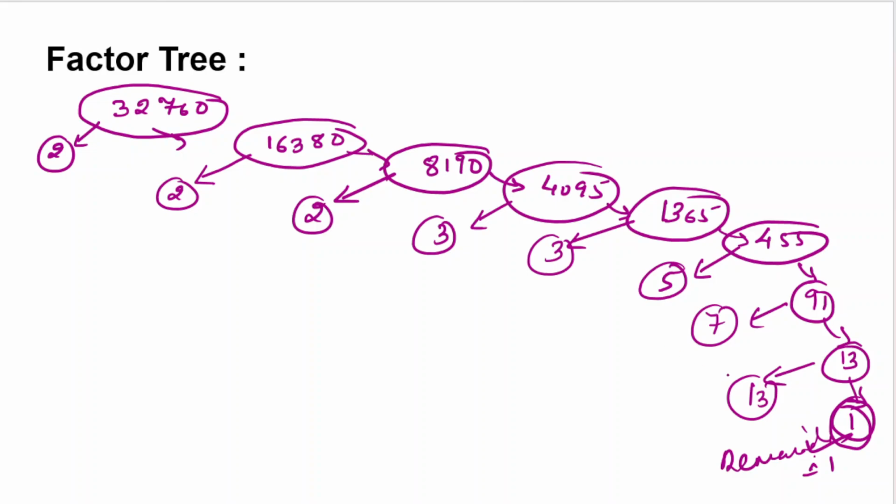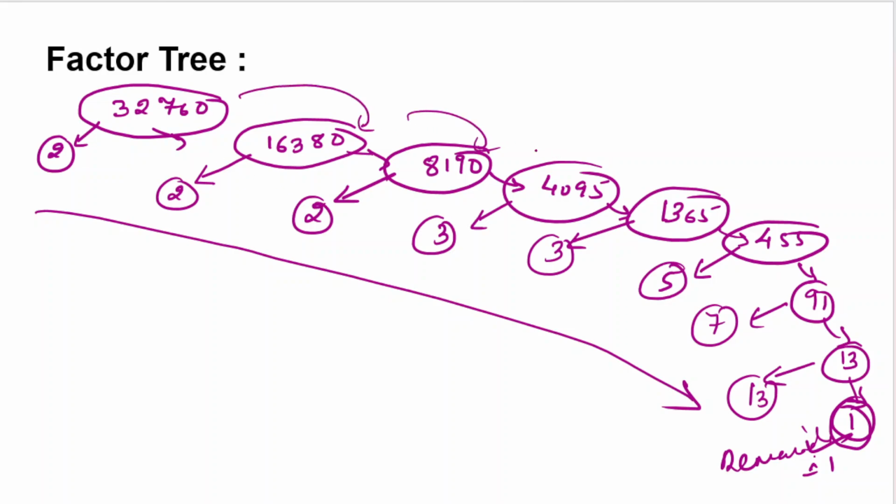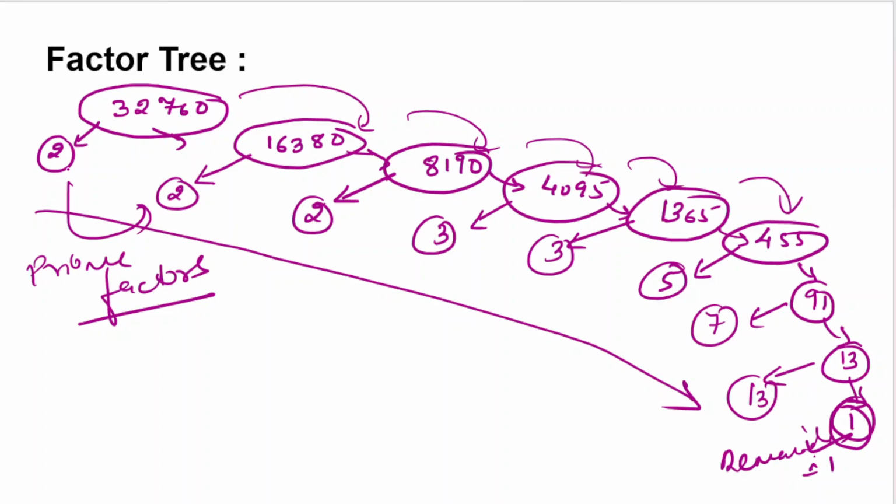Then the pattern you are forming is like a tree. These are your composite numbers which are divided, and these are your prime numbers. These all are the prime factors of 32760. You can also say 7 into 13 is the prime factorization of 91.